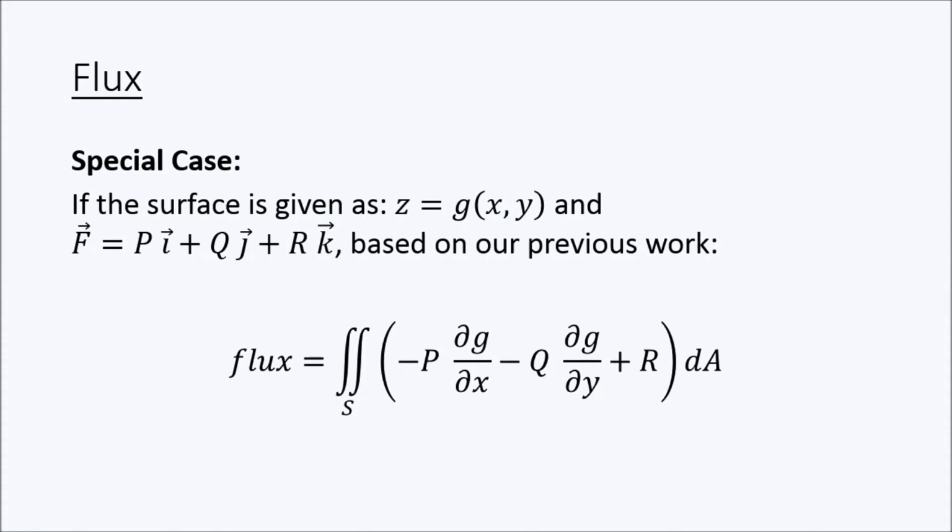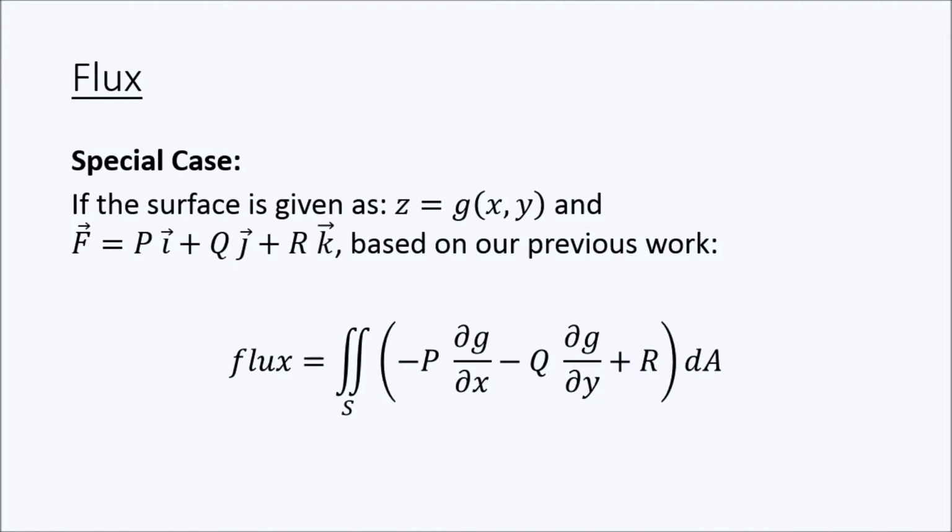If again we have that special case where I can solve for z equals some function of x's and y's, and our vector field is given by our typical P i hat plus Q j hat plus R k hat, we can combine that together with our dot product very easily and see that when we calculate flux, we're just doing minus P times the partial of g with respect to x.